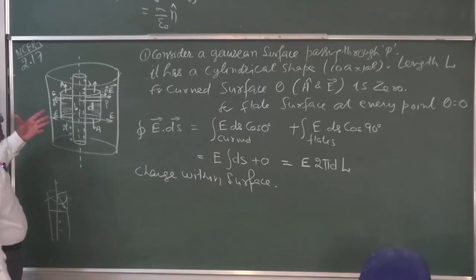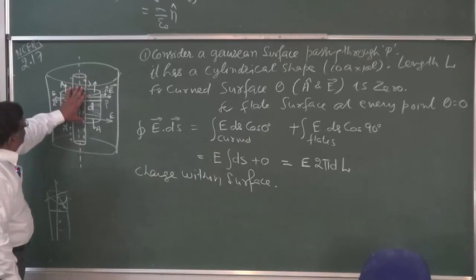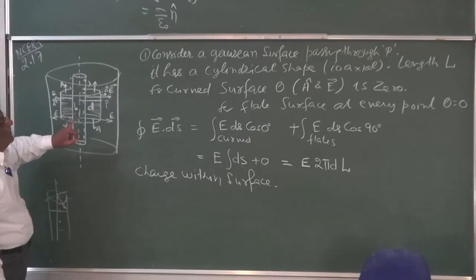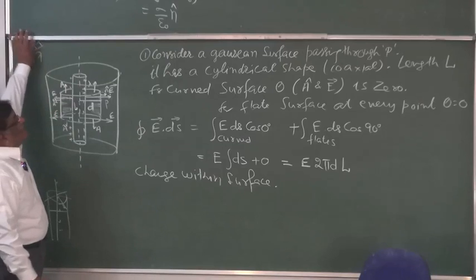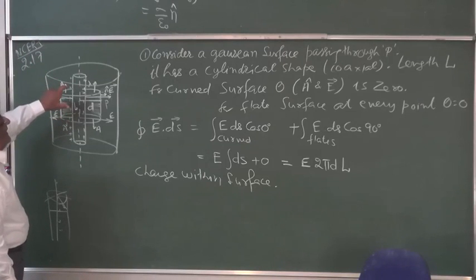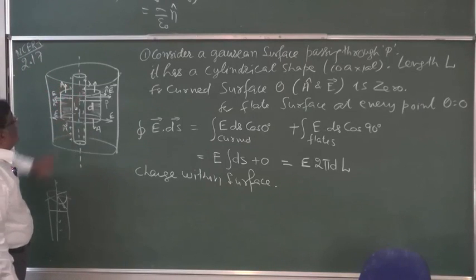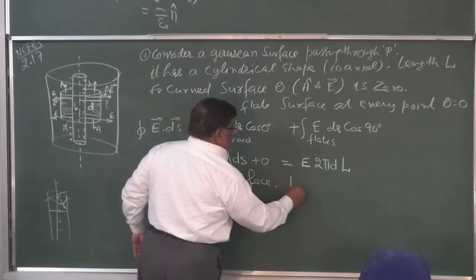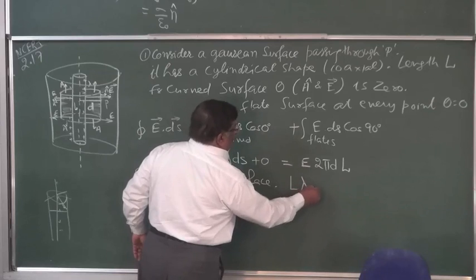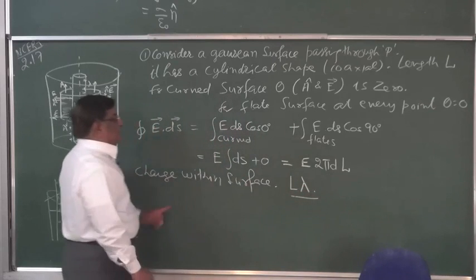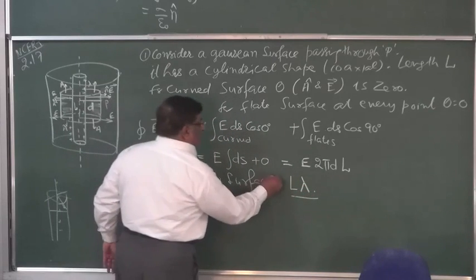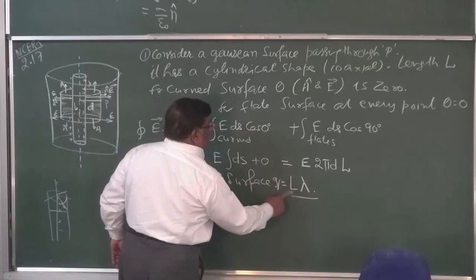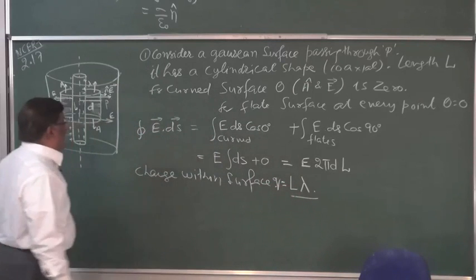So the length is L, capital L, and the charge per unit length is lambda. So the charge within the surface is L into lambda. If we say this charge is Q, then Q value is L into lambda.